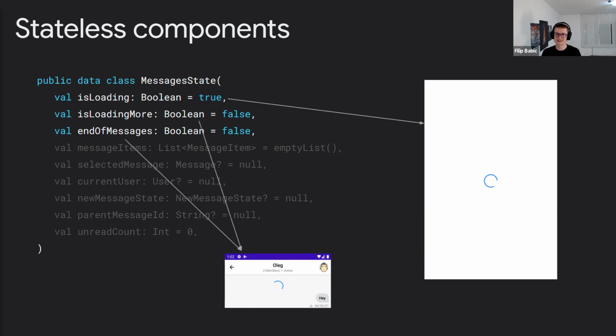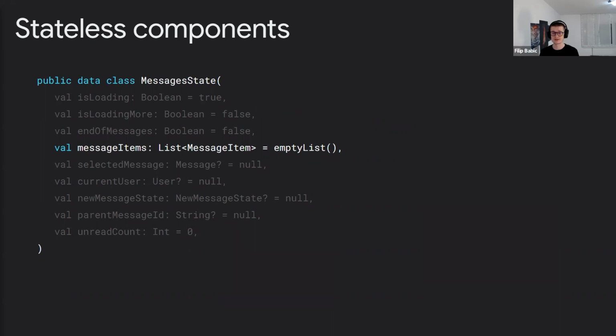And then the next 2 flags, isLoadingMore and endOfMessages, represent the pagination flags. So if we are loading more messages and we haven't reached the end of messages, then we show a loading header. And this is how easy it is to build for us. You just have to provide the required state.